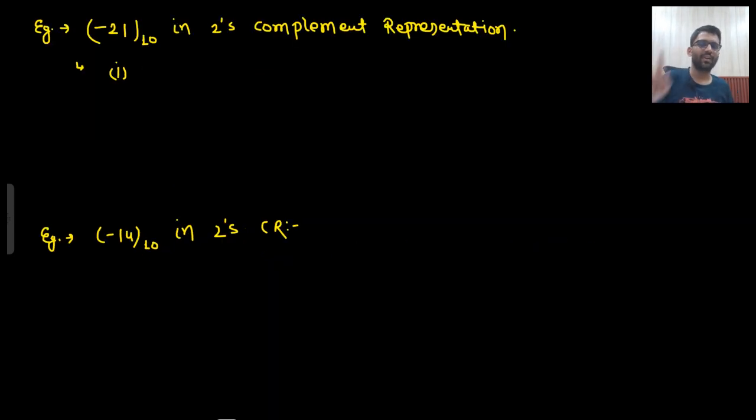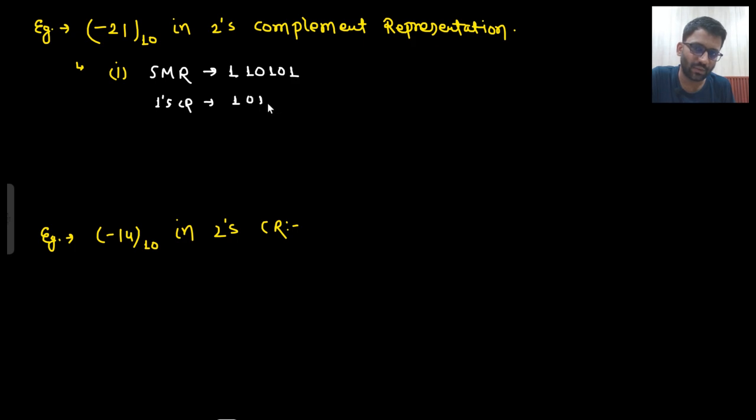So now you need to denote minus 21 in 2's complement representation. First you will write down the sign magnitude representation. Minus sign, 1 would come. 21 would be 1, 0, 1, 0, 1. Okay, let's take 1's complement. This as it is, 0, 1, 0, 1, 0.